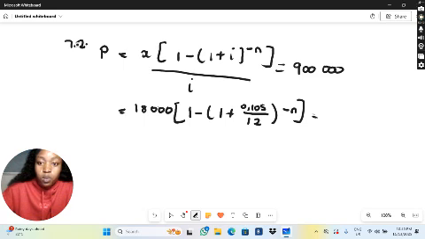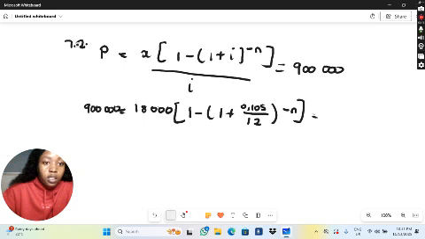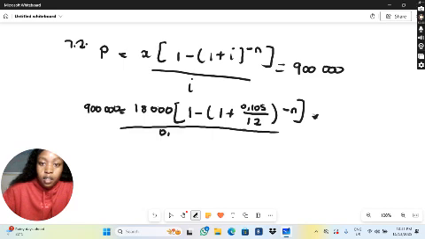So this is all equal to 900,000, and it is all divided by 0.105 all over 12.